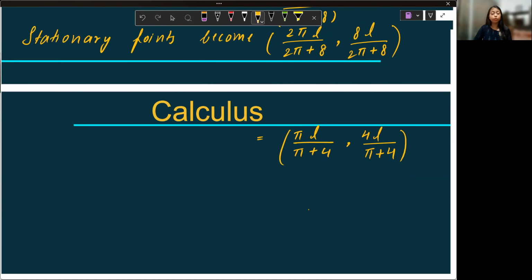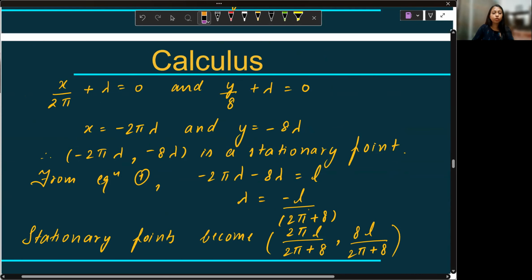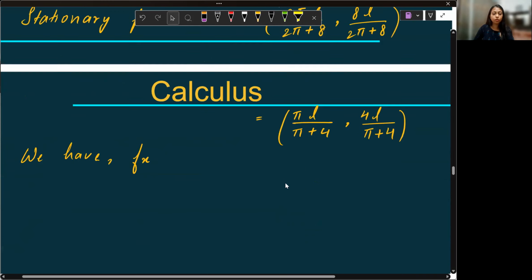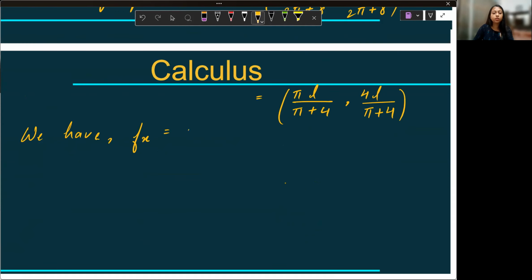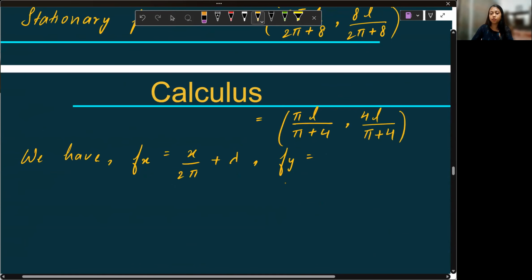And what were the partial derivatives? We have fx. This is fx, x by 2 pi plus lambda, and fy is y by 8 plus lambda.